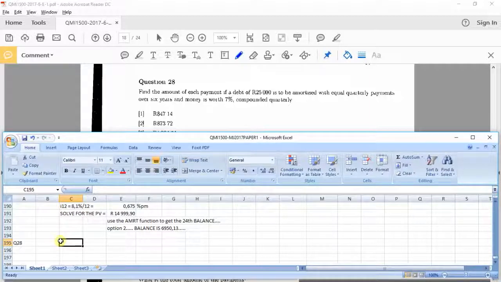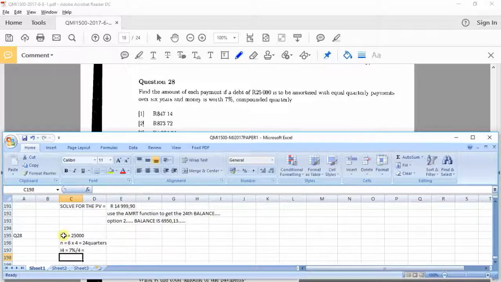Okay. Alright, 28. Find the amount of each payment if a debt is amortized. So it's a debt, 25,000 is your PV. Equal quarterly payments over 6 years. N is 6 times 4, which is 24 quarters. The rate is I4, which is 7% divided by 4, percent per quarter.